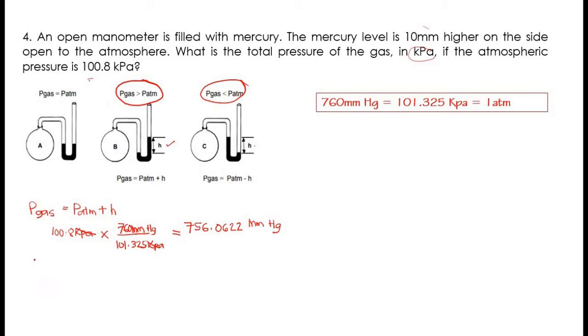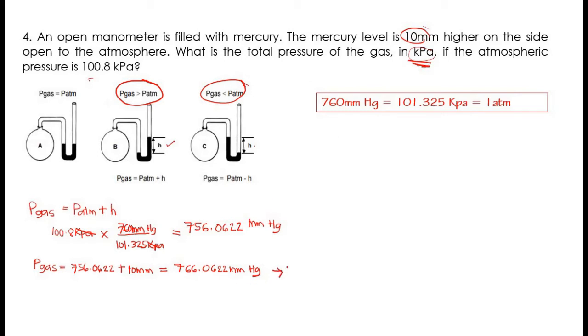So from there, we can substitute. The pressure of the gas is simply 756.0622 plus the height, which is 10 millimeters. So this is simply 766.0622 millimeter of mercury. However, what is being required is the pressure in kilopascal.